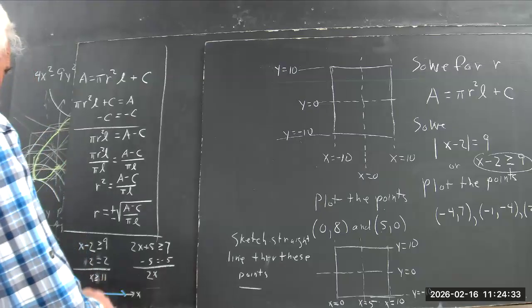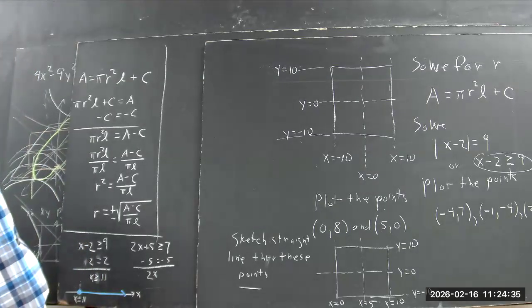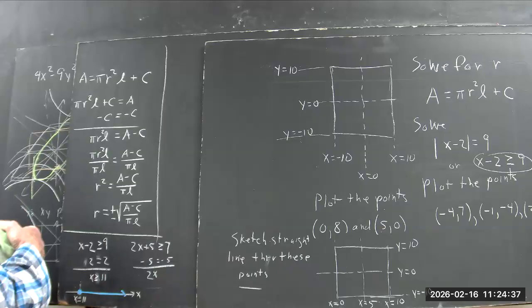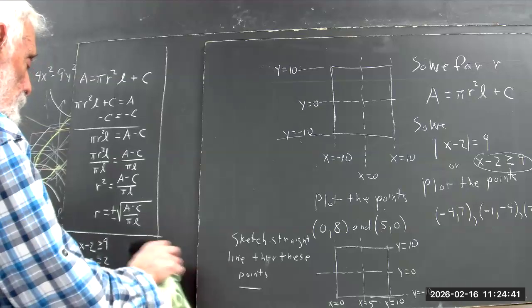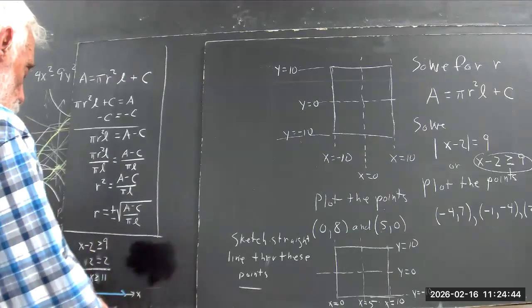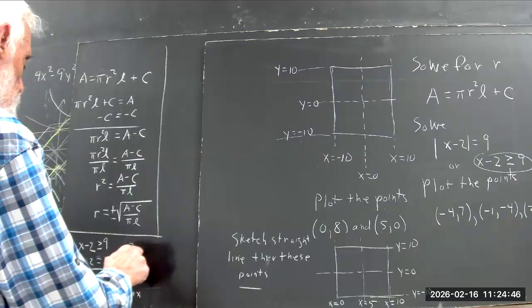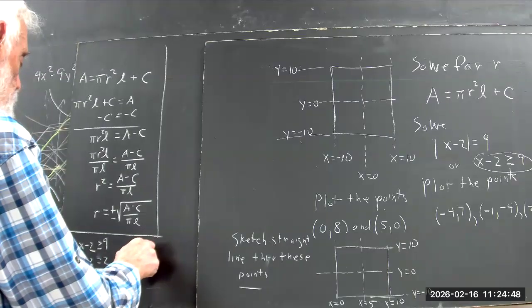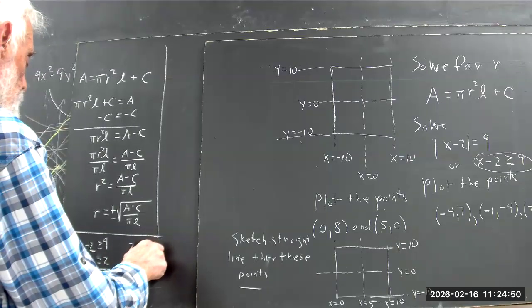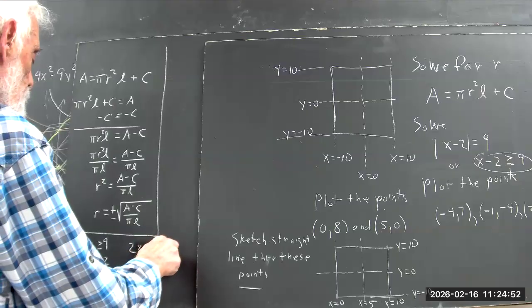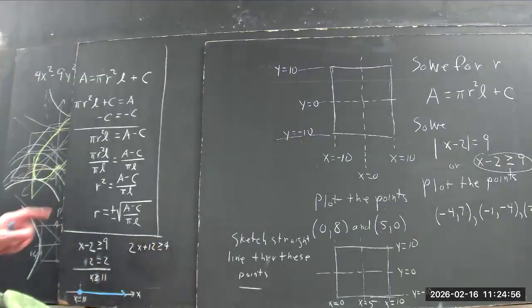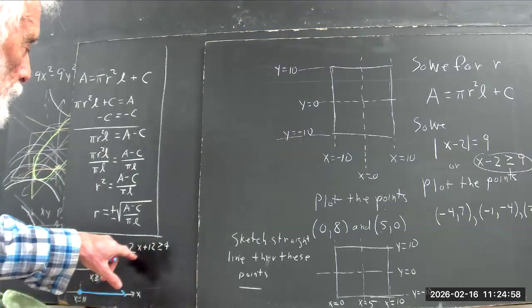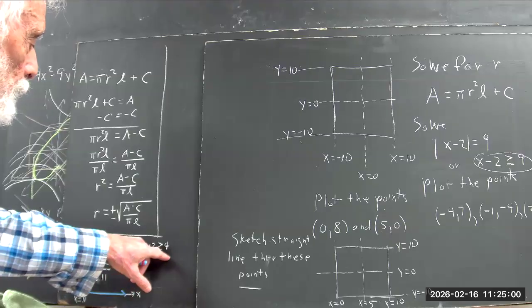I'm going to change the problem just to illustrate what I intended to illustrate. Changing the inequality now to 2x plus 12 greater than or equal to 4.